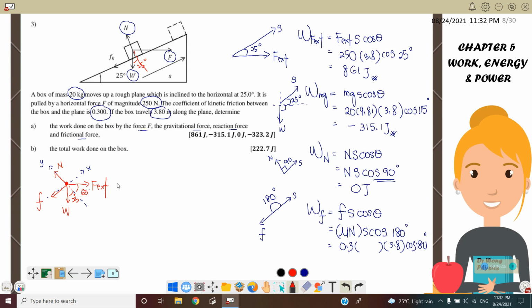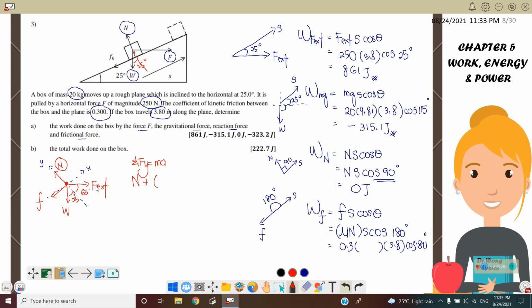We need to resolve the forces because we want to find N. Is N the x component or the y component? It is the y component. So we use the y component: Fy equals ma. For the y component, we have the normal force, plus negative.